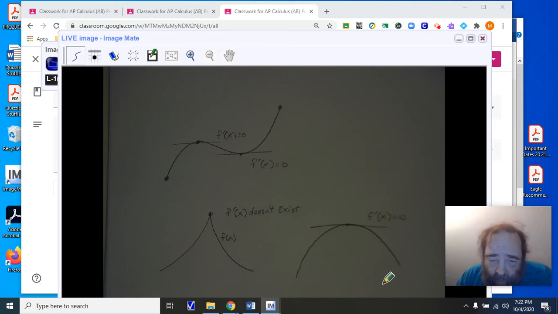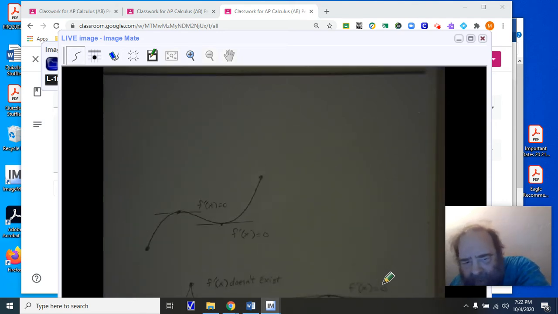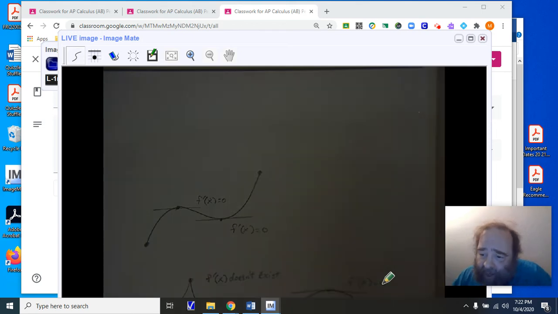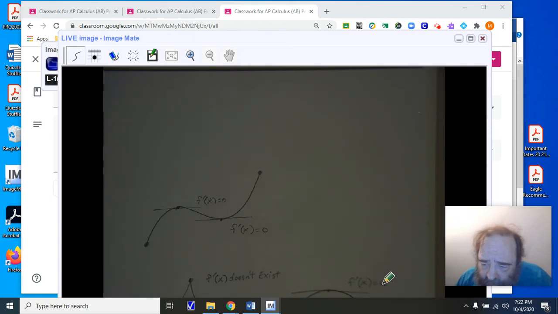So be aware that when we talk about absolute maximums and absolute minimums, we have to look at what the endpoints are, and we have to check them. So the basic procedure for determining whether you have an absolute maximum or absolute minimum, or locating where they are, is step one, find all of your critical values.